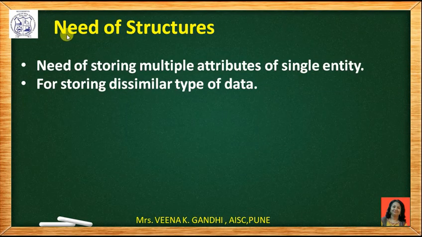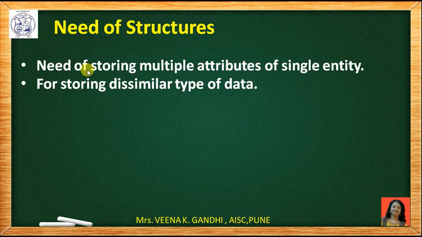Let us see what is the need of structure. In the last videos, you must have learned the topic arrays. Arrays allow us to store homogeneous data continuously under a single name. Suppose we want to store 100 integers, we can create the array int a[100].